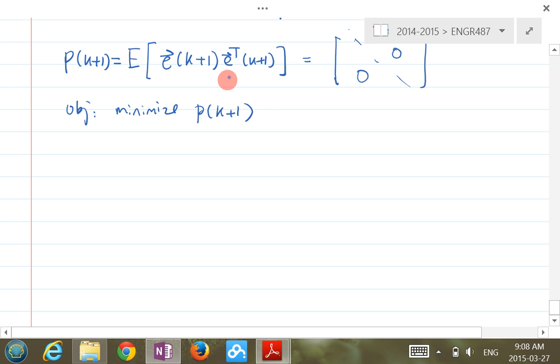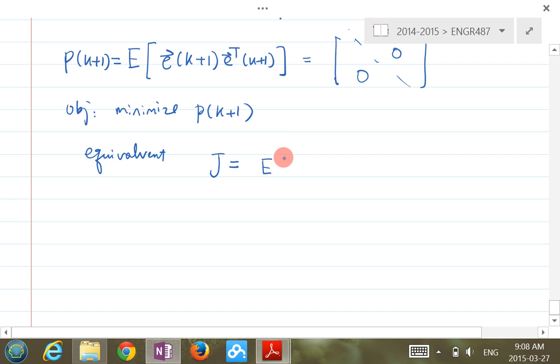Minimizing this one here is equivalent, when we have a cost function or performance index. This is back to a similar idea as optimal control. So this is E times E transpose, and that gave us a matrix.